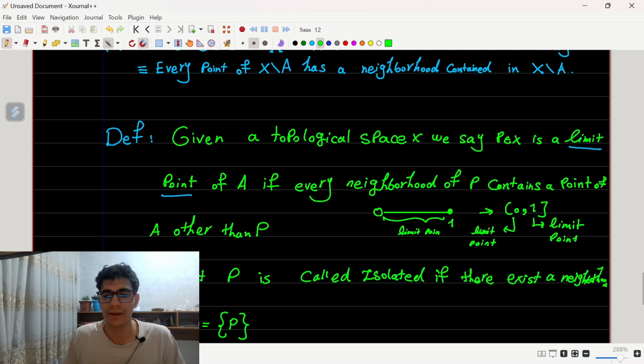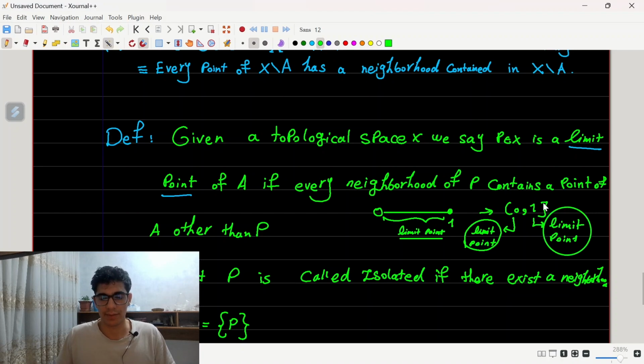But there are some differences. These limit points are also interior points, but these limit points are not in our set, and these limit points are in our set, but only from one side.